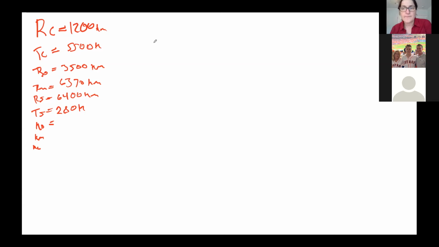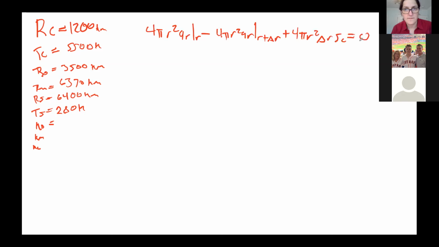Because this is what I had written down, and so I had gotten that it was the 4 pi r squared qr at r, minus 4 pi r squared qr at r plus delta r, plus 4 pi r squared delta r, the source term, being equal to 0 since it's steady state. And then we can go ahead and just cross off those 4 pi terms.